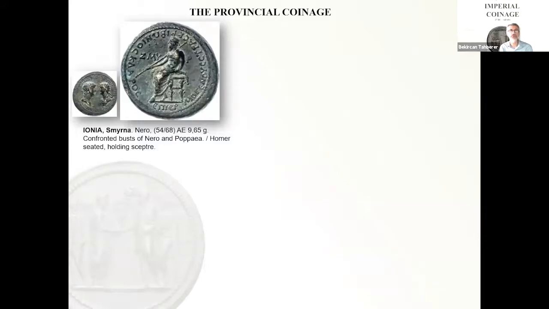Augustus, knowing the importance of keeping the empire intact and the provinces loyal to the imperial power, allowed the provincial cities to mint coins in their names. But that privilege was subject to the permission of the emperor.